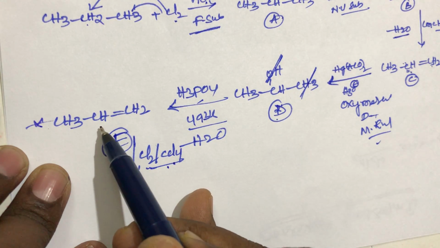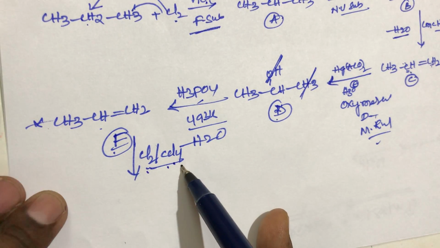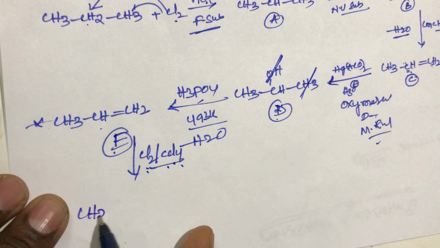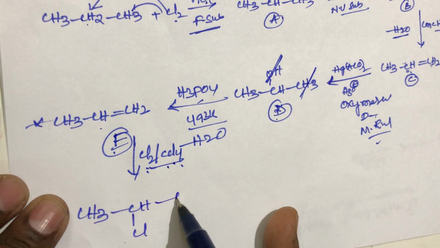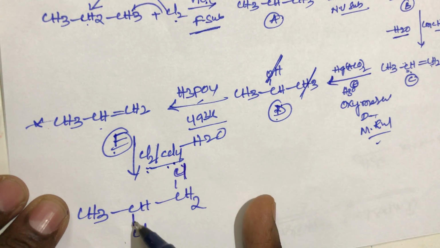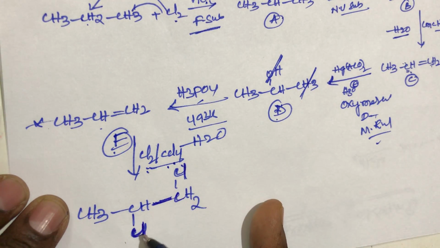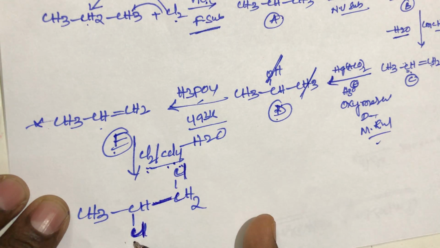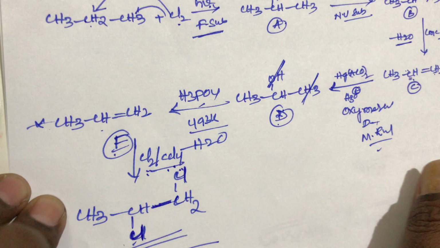CH3 single bond CH double bond CH2 reacts with chlorine in the presence of CCl4, it undergoes anti-addition. We get CH3 CHCl CH2Cl. This is anti-addition. These two chlorines will attack opposite to each other on each carbon. So this is the anti-addition reaction, student. These are the simple tricks, student.